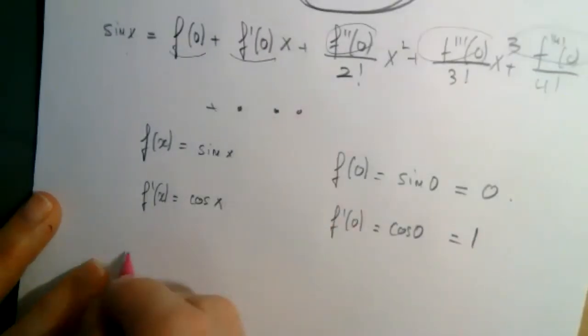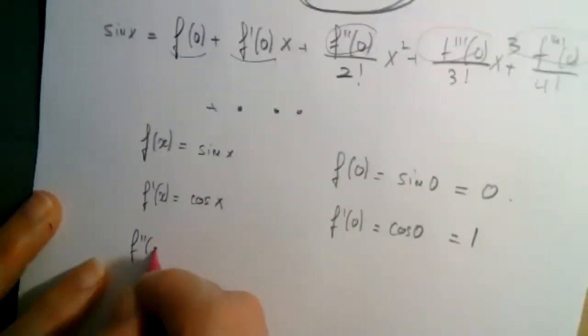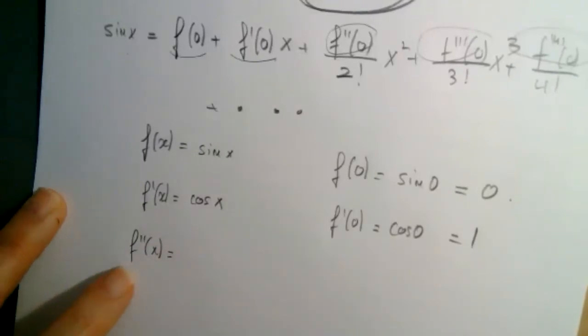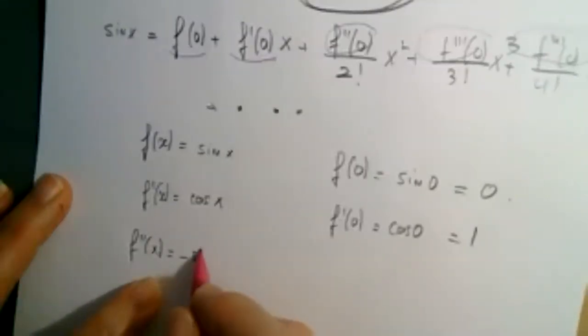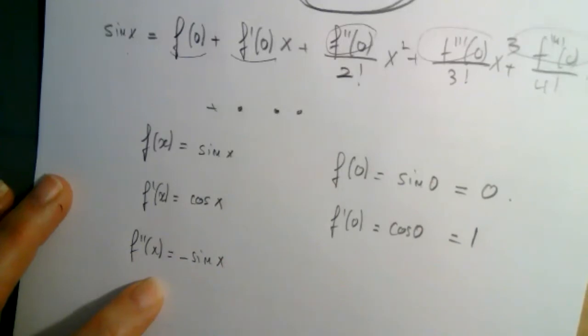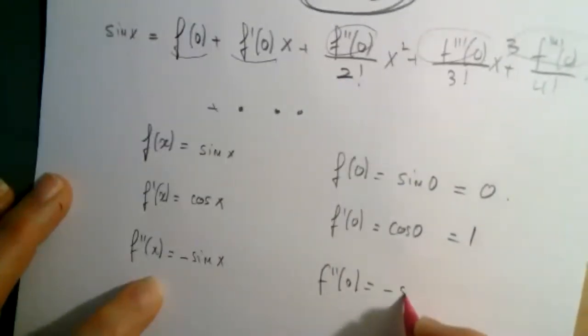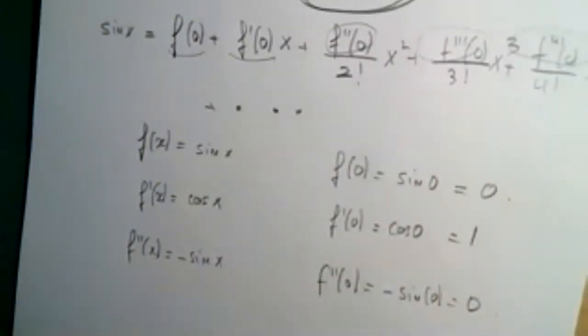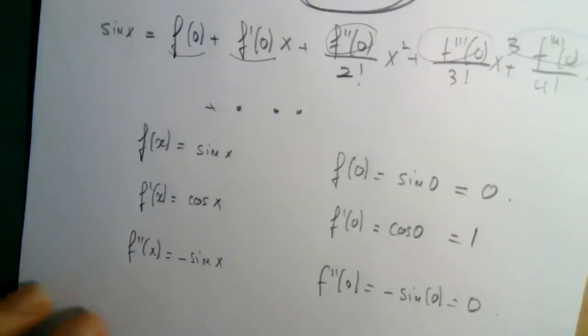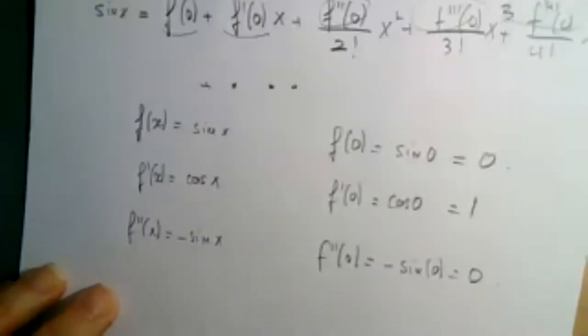Now I need the second derivative, so I'll be patient enough to compute it. The derivative of cosine is minus sine. So my second derivative at 0 is going to be minus the sine of 0, which is equal to 0. And I want you to stop me when you are bored.